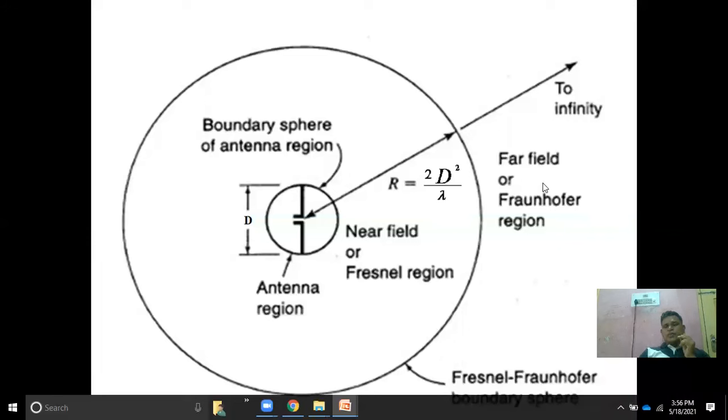Whenever we measure the electric field intensity or normalized power density, we consider only the theta component and phi component. In far field, r is very large, so to measure the radiation pattern we consider only theta and phi and omit r.